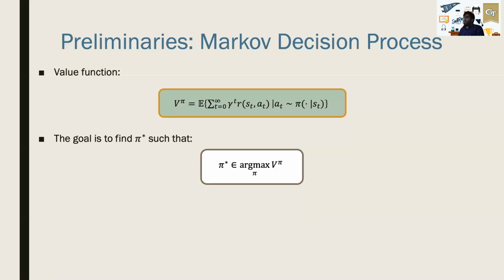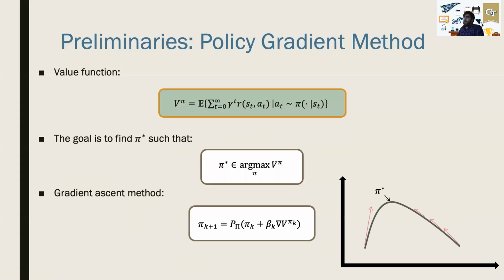Our goal here is to maximize the value function since, as I explained before, this value function is an indicator of the reward we receive throughout the process. So we are trying to maximize the reward, or similarly, we are trying to maximize the value function. One of the methods to find the optimal policy is gradient ascent.